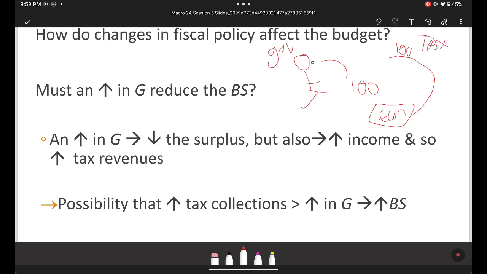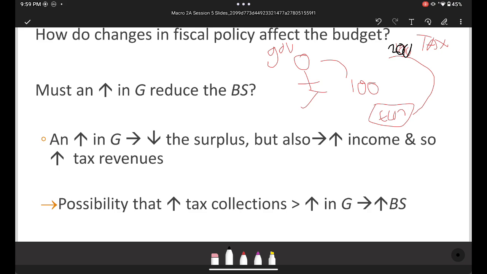Will you agree with me if he puts 100 rand in, and if he collects 100 rand in taxes, then he's good. The government does not make a deficit or a surplus. If the government puts in 100 rand, but he collects taxes of 200 rand, he's actually making a surplus. He's getting more than what he spent.